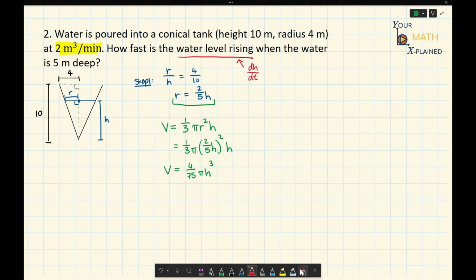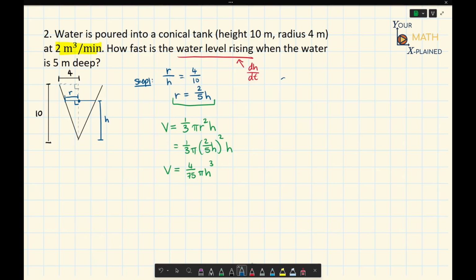So if we had done it the other way, where we substituted in an expression for h, then we would have lost our h, and our equation here would only be in terms of r, which would not be useful for this particular question.